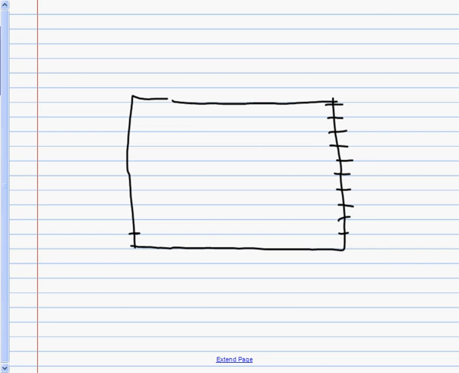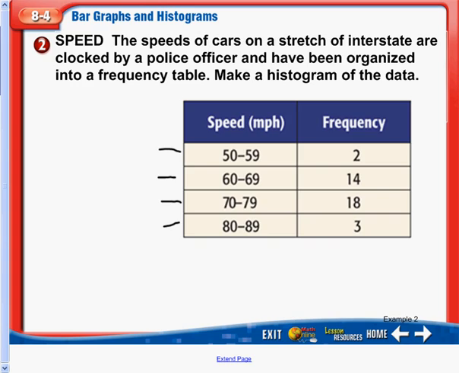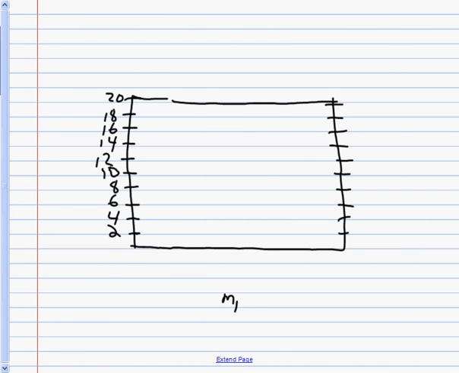And again, I'll just have markers on both sides. And we only have 4 intervals on this one. There we go. So our first interval starts at 50 to 59, and this is miles per hour.